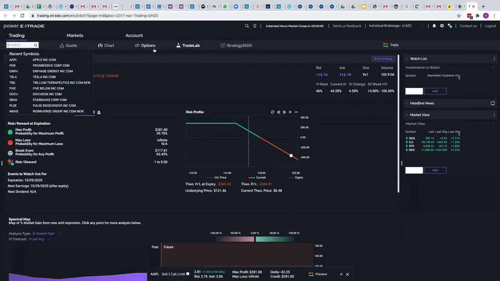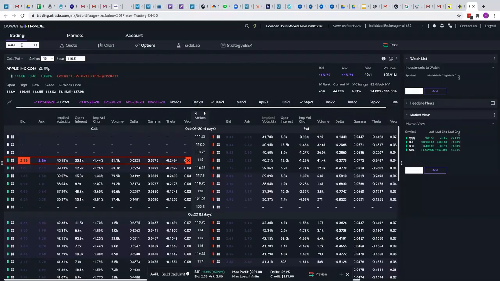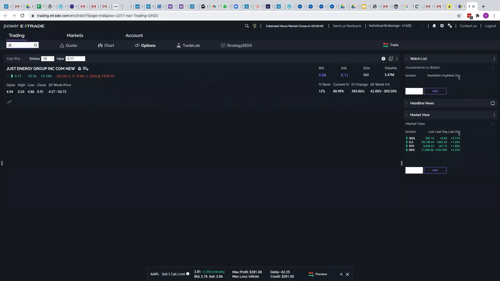Oh, this doesn't have any options; this is Just Energy Group. It was at 28 cents and it made a big move to $7.44 in recent times, and now it is at $5.17. They don't have options. So if stocks are coming from the penny stocks and then they move, they may be listed, but they don't have options. There are a lot of stocks like this that don't have options, okay?